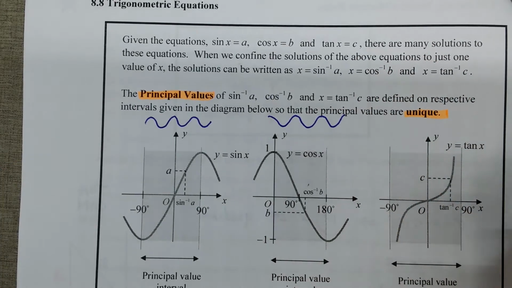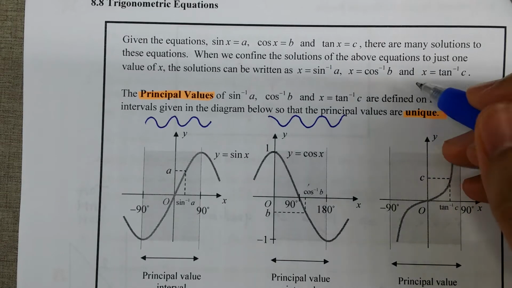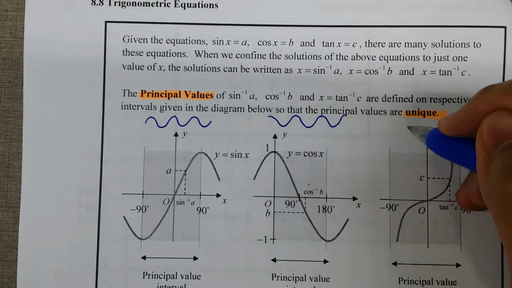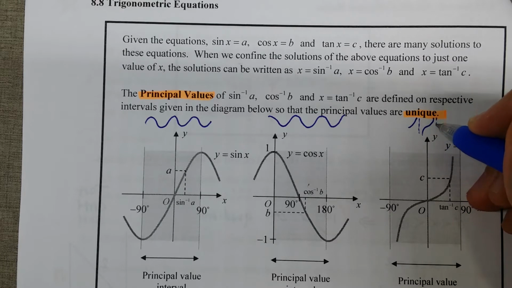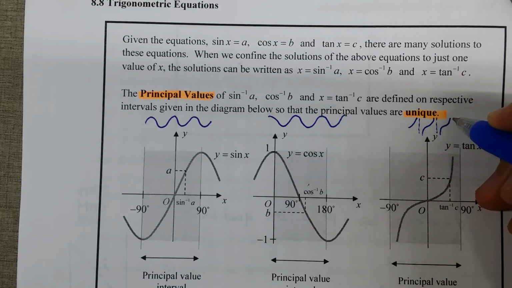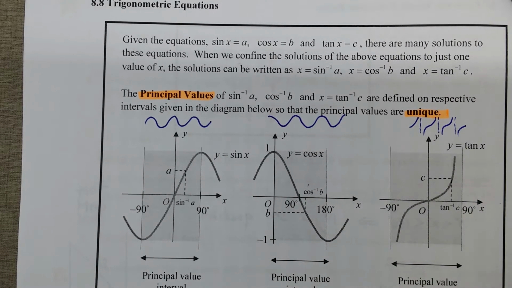And the tangent graph, if you can recall, will be like that, asymptote, like that, asymptote, like that, asymptote. The tangent graph will look like that.